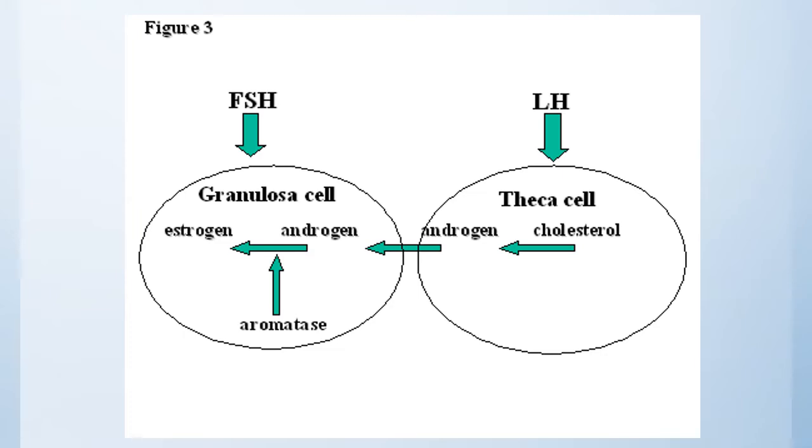As you can see, you have FSH and LH here. It starts off with LH stimulating the theca cell to produce androgen from cholesterol. This androgen then goes to the granulosa cells. Granulosa cells, under the influence of FSH, will produce estrogen from androgen with the help of the enzyme aromatase.